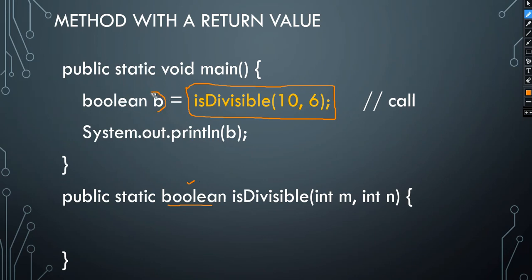So what I have done is I have created a container called B, which is naturally a boolean container. Why? Because it needs to store a boolean value. So I have created a boolean variable B and I said is equal to so and so. So when the call is made, whatever it returns, it goes into the variable B. Okay, I hope that is clear to you. And after this B gets a value, B is actually displayed on the screen.